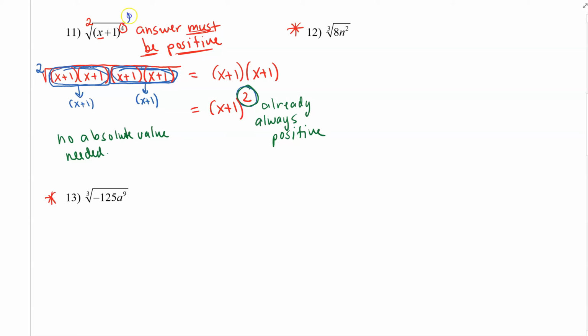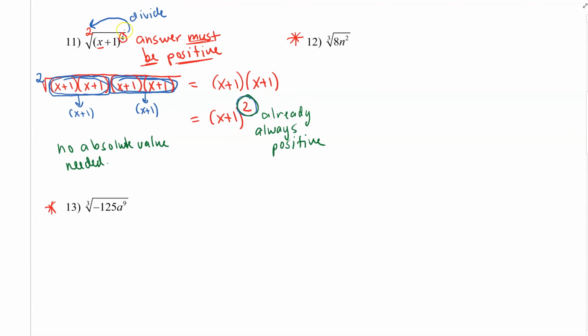In other words, what I can do is divide. When I'm taking roots, I can take the power that's under the root and divide it by the index to figure out the power that will remain when I finish taking the root, right? So this 2 was the power divided by the root.